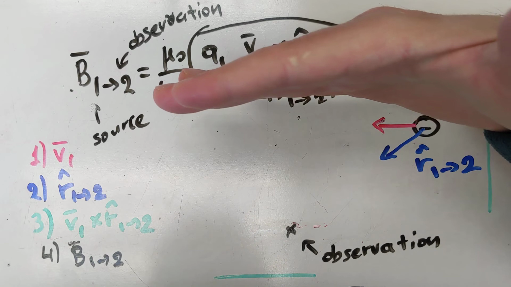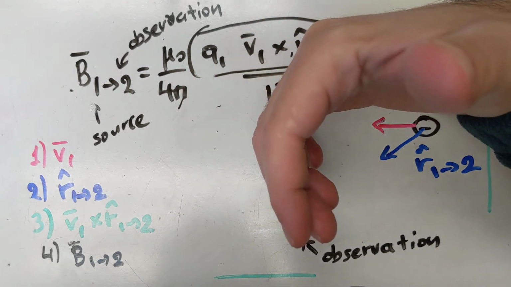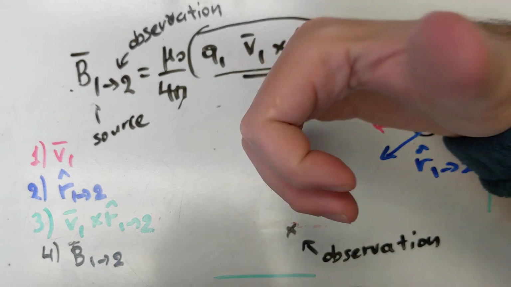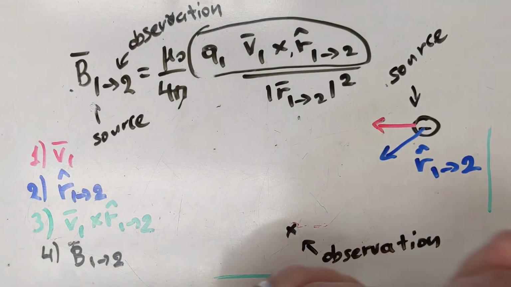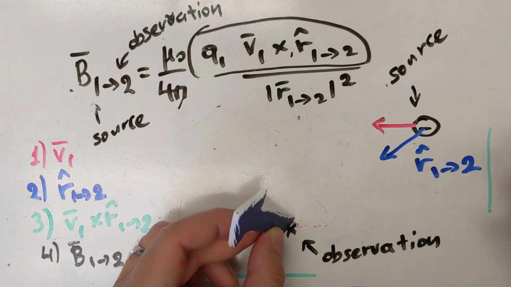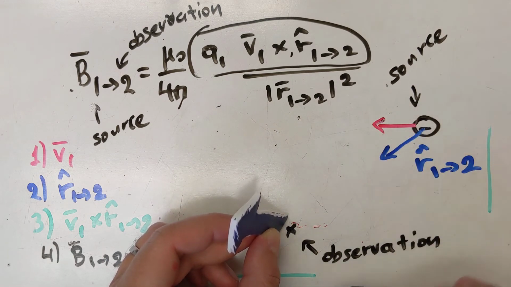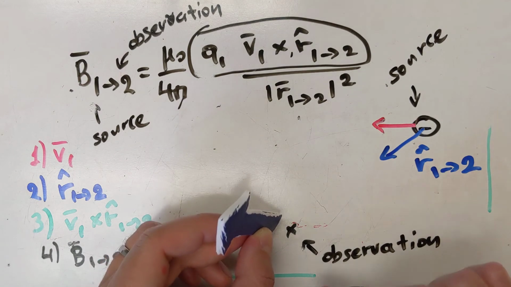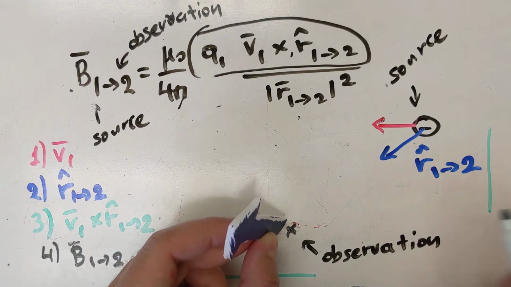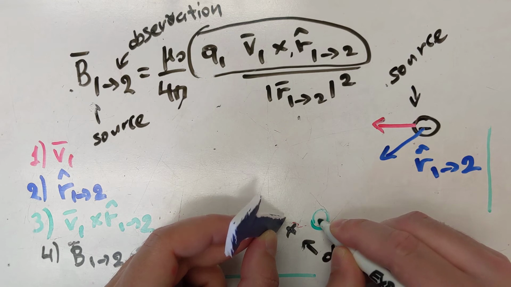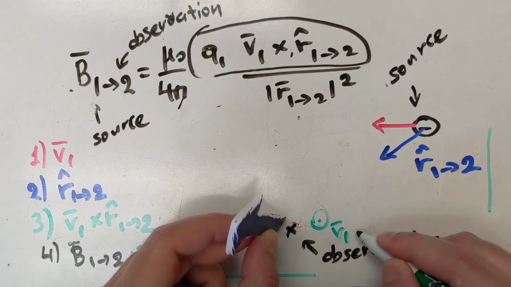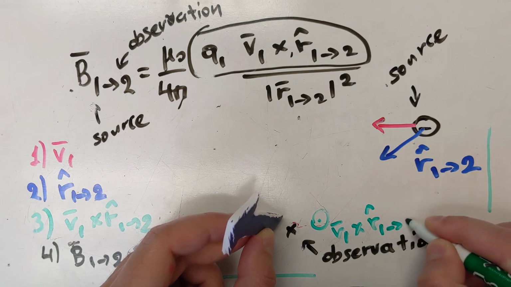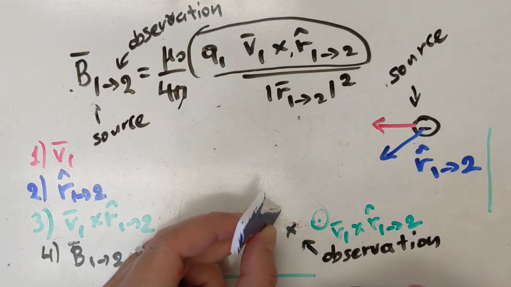So towards the first vector V, curl them towards the second vector R hat, and my thumb goes again out of the page, which means the direction of the cross product here at the observation location goes up again out of the page. So V1 cross R hat from 1 to 2 goes out of the page.